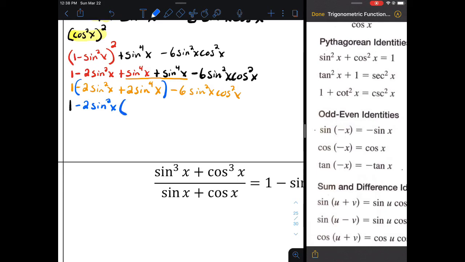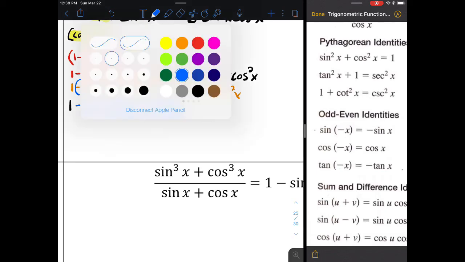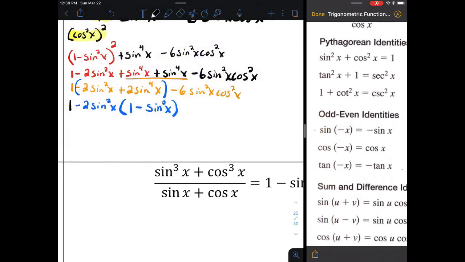And the reason why I'm doing this is because I'm trying to create another term that's sine squared times cosine squared, in case you're wondering what the heck my grand plan is here. So I'm pulling out the 2 sine squared x. It's going to make 1 minus sine squared x. And then I have everything else around it.